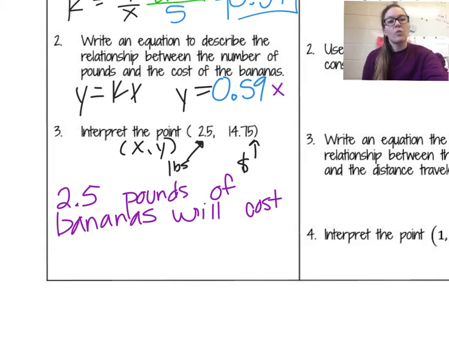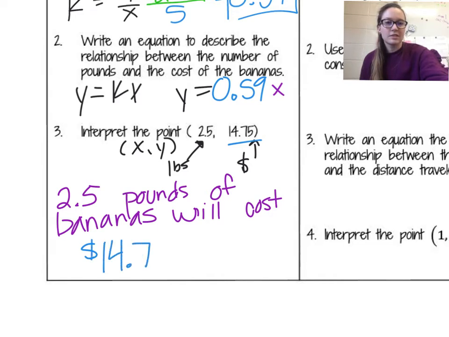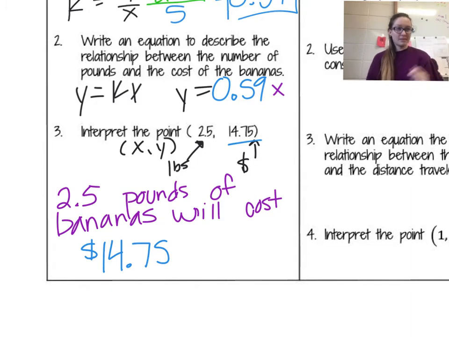Then I'm going to take that y value, 14.75, and put the $ label, because we're talking about cost, $14.75. That's it, okay? So interpreting a point, we're going to label those, and describe what that point means, okay?